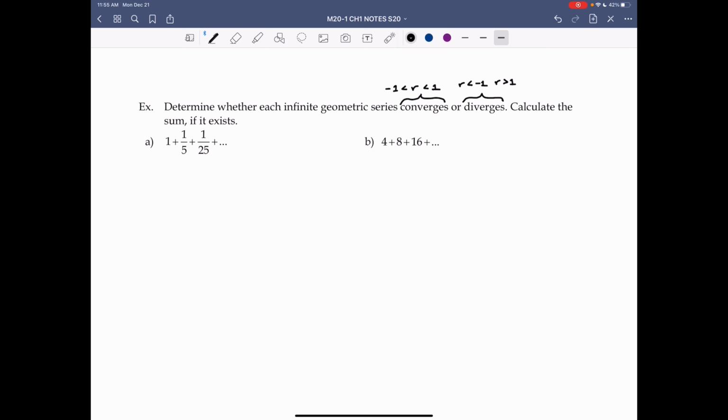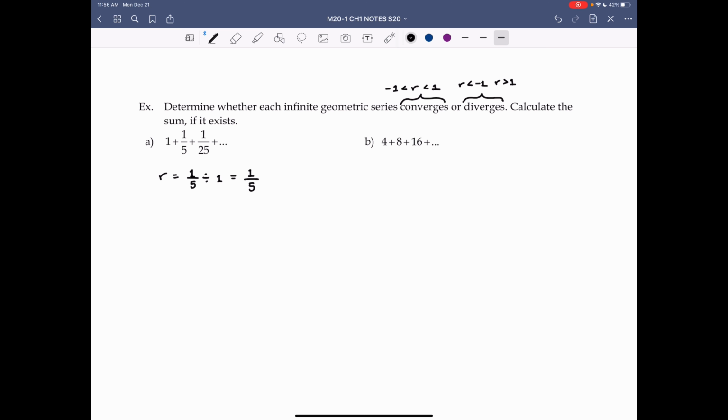So let's figure out the R value for each example. The first one, 1 plus 1 over 5 plus 1 over 25. R equals, let's take the second term, 1 over 5, and divide it by the first term, which is 1. That equals 1 over 5.